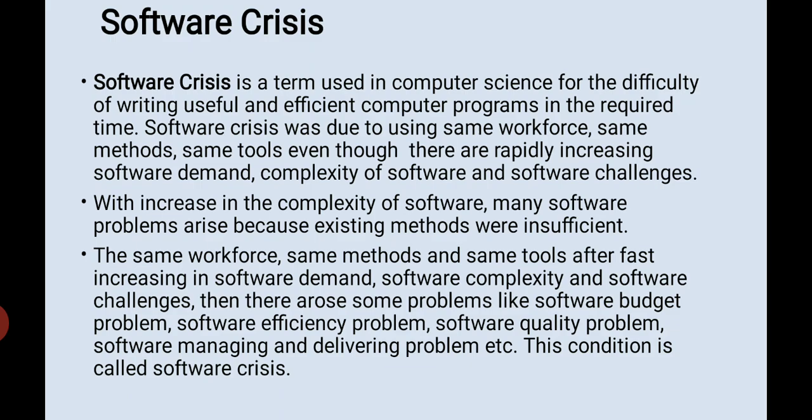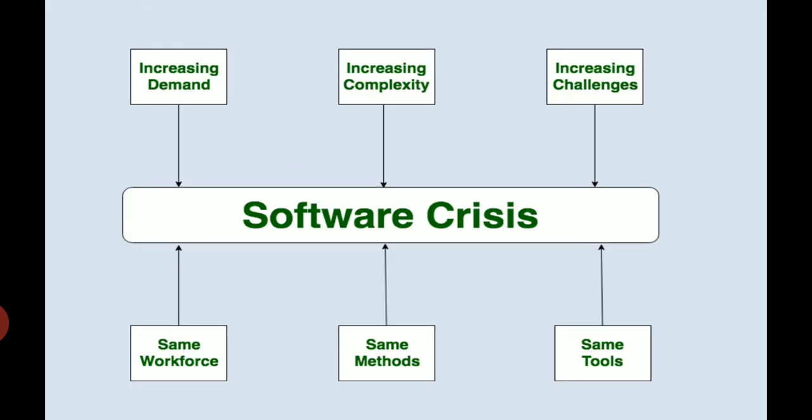But you're stuck with the same old tools, old techniques, and old methods. With the increase in the complexity of software, many software problems arose because existing models were insufficient. After fast increases in software demand, software complexity, and software challenges, there arose problems like the software budget problem, software efficiency problem, software quality problem, software managing and delivering problem, etc. So this condition was known as software crisis.